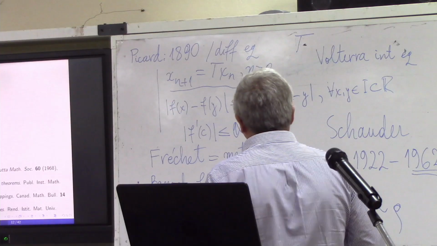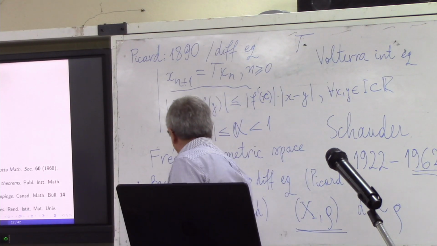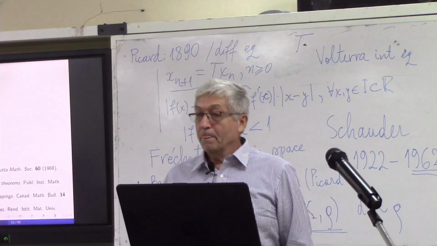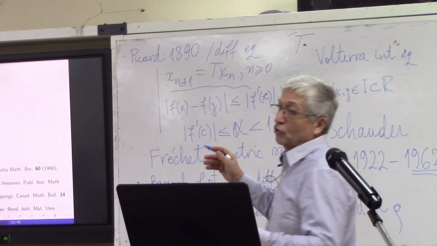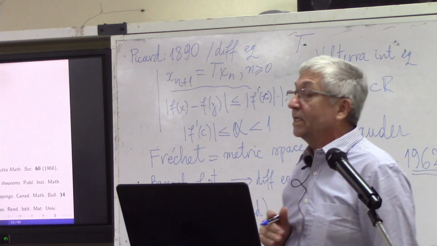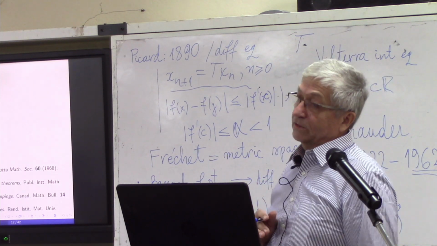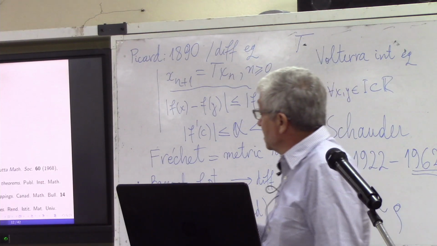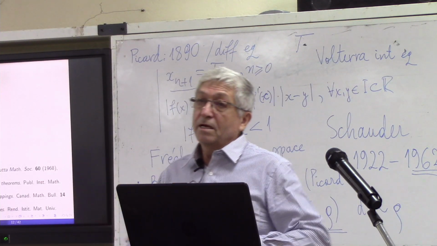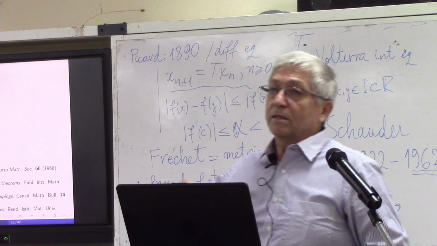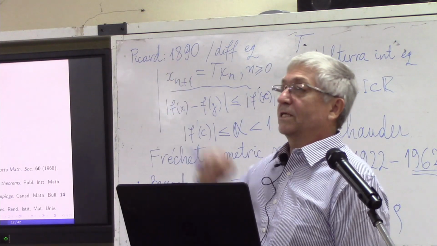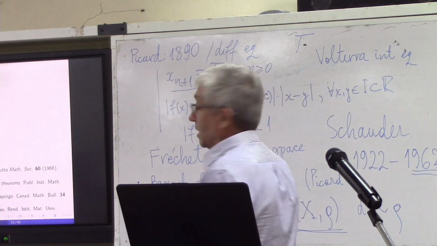But after Bielecki, and this distance is called the Bielecki norm or Bielecki distance, he relaunched the interest in fixed point theory. And this can be considered the real moment the fixed point theory started to exist.